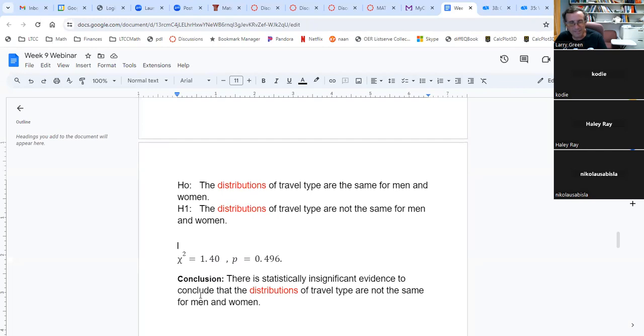So the conclusion is, hopefully you know that it always starts with there is statistically insignificant evidence to conclude, and that's because P is bigger than our level of significance. Okay. And then again, if you want, you can just copy H1 and paste it right here and make sure the "not" is not capitalized. The distributions of travel type are not the same for men and women.